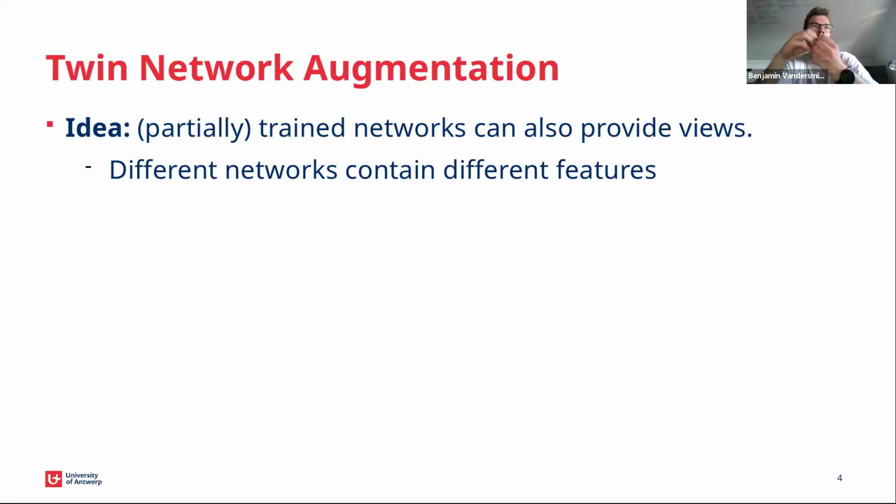The logits might differ slightly between different trained networks, but they have a different way of looking at the input. So if we use those as different views and we align the outputs, then we might also be able to improve the accuracy. We use image classification in the paper, but maybe also other loss-based tasks.